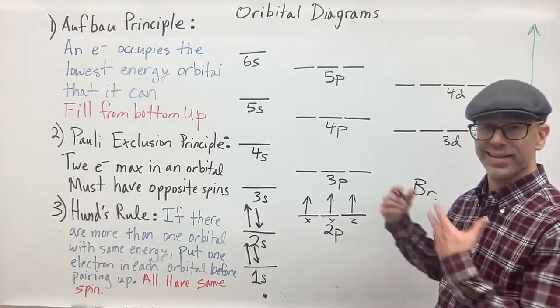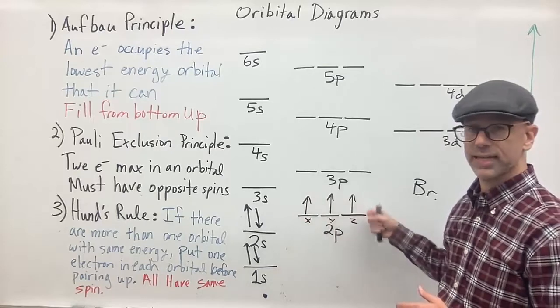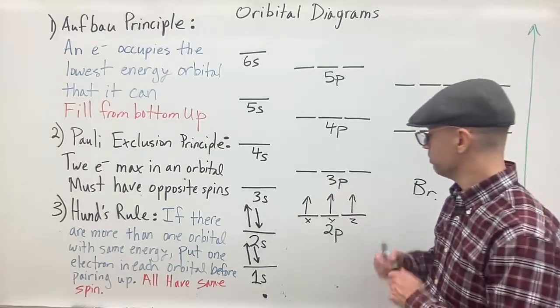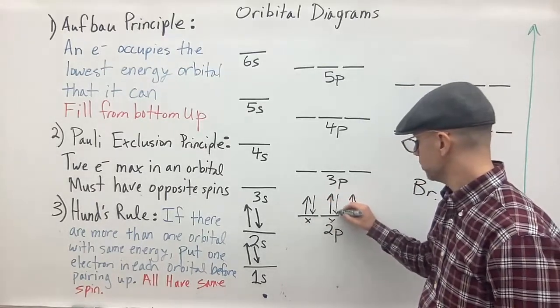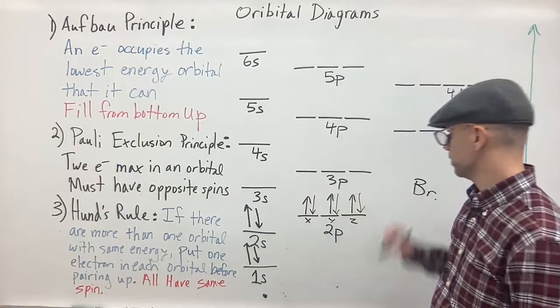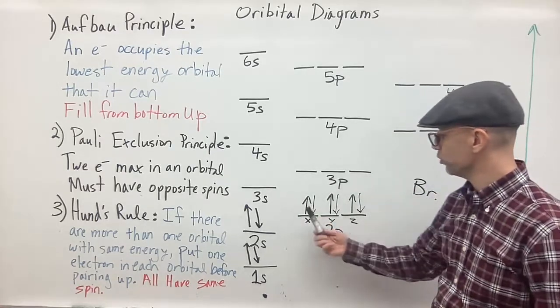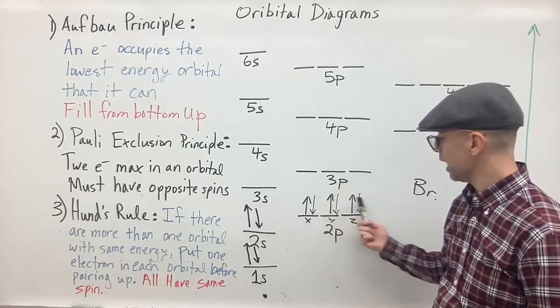So now the next electrons are going to be paired up. Remember, we fill them in one at a time singly, and then we pair them up if we have more. But we have more. So then this one's going to be spin down, this one's going to be spin down, and that one's going to be spin down. So again, following Hund's rule, we filled them in one at a time, same spin, and then we paired them up with opposite spins.